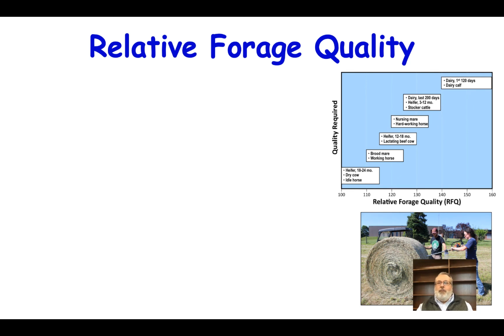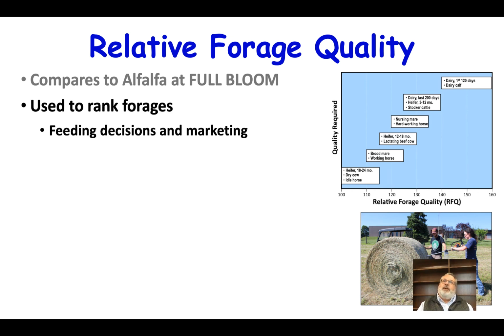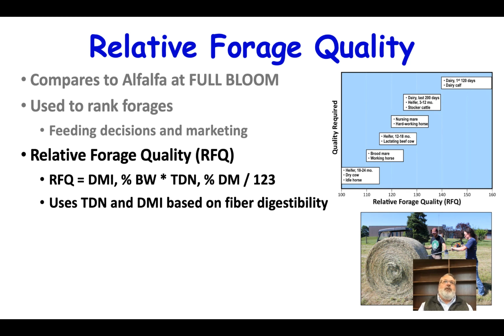So our relative forage quality, again, compares to alfalfa at full bloom. We can use it, again, to rank forages, make feeding decisions or marketing decisions. And the equation is very similar, but the difference is that the total digestible nutrients used in this calculation and the dry matter intake are estimated based on fiber digestibility.